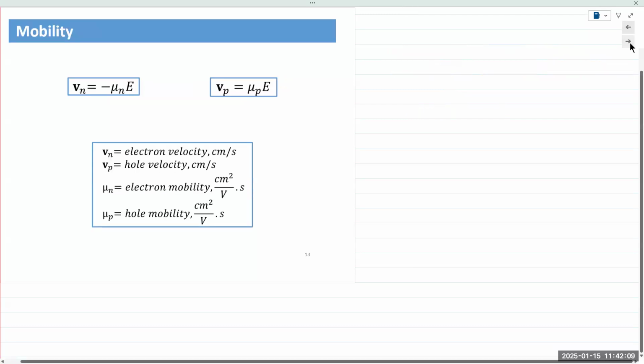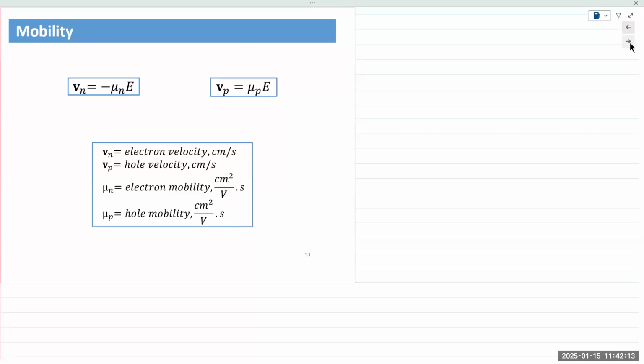Now, mobility. Electrons are free to move about in the silicon lattice structure. They can move anywhere. They do not have to occupy the spot where the covalent bond exists. But a hole is localized.